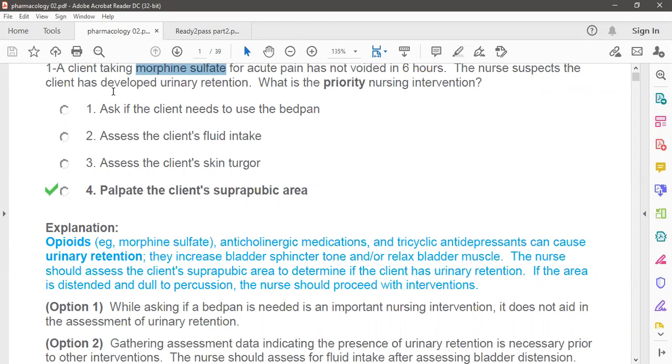So if we go back to this question, a patient takes morphine for acute pain and the patient develops urinary retention.